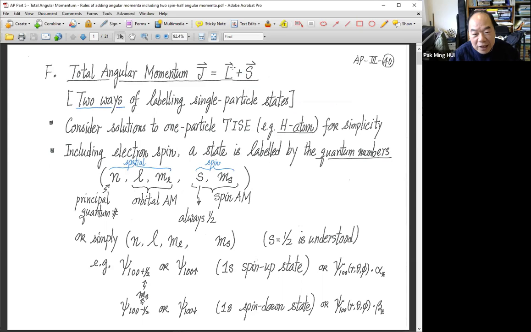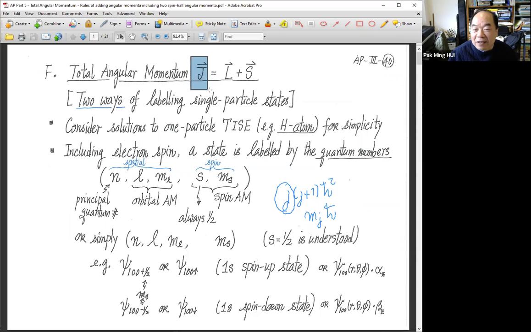So we want to see how we can add this into a total angular momentum called J. Since this is an angular momentum, this is an angular momentum, and this is also an angular momentum, what we learned in the past hour works for J. So without doing anything, we know that J squared must be of this form, and the Z component, JZ, must have eigenvalue like this. The question is, what are the possible values of J?